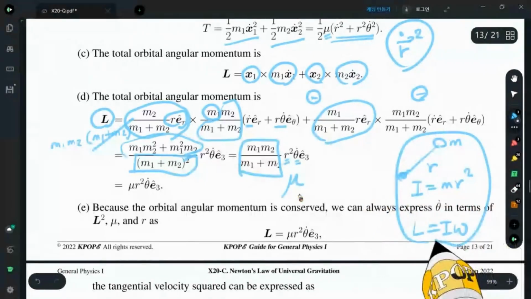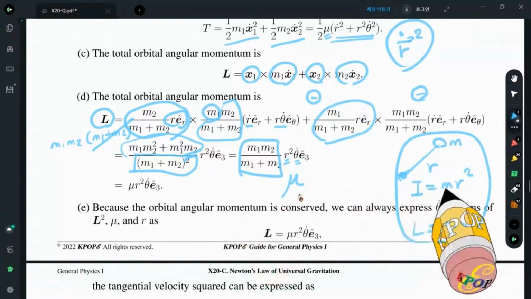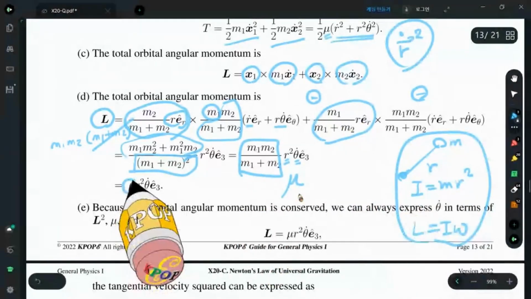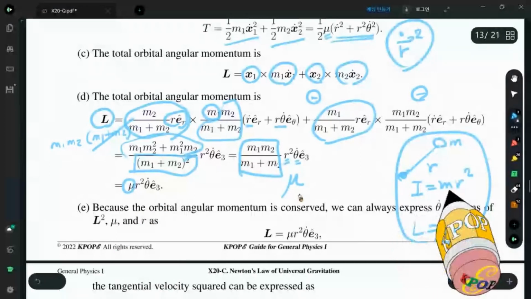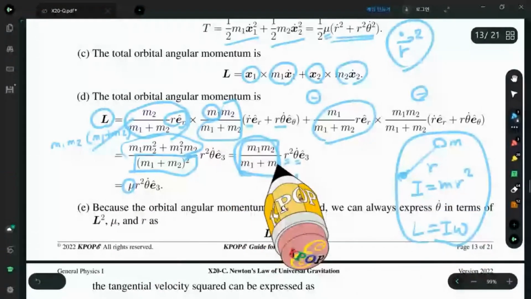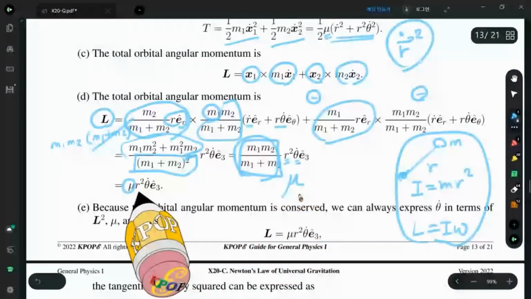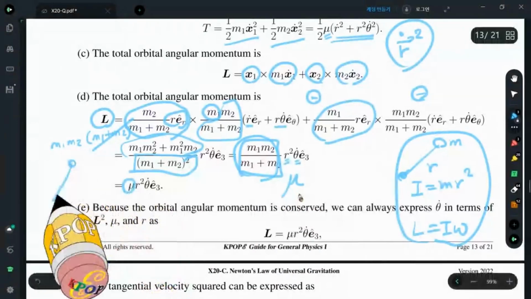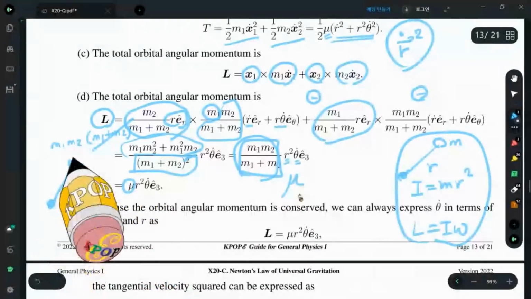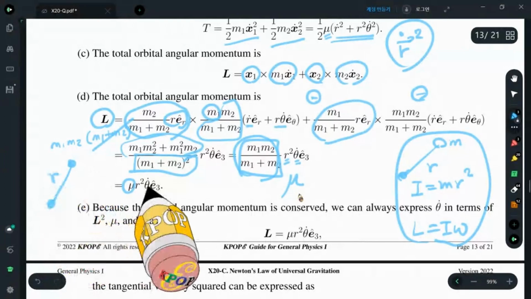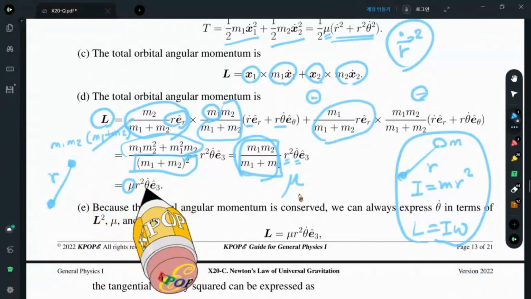In the case of a two-body system, m is replaced with the reduced mass mu, defined here. R is the relative coordinate, just the distance between the two particles, and theta dot.